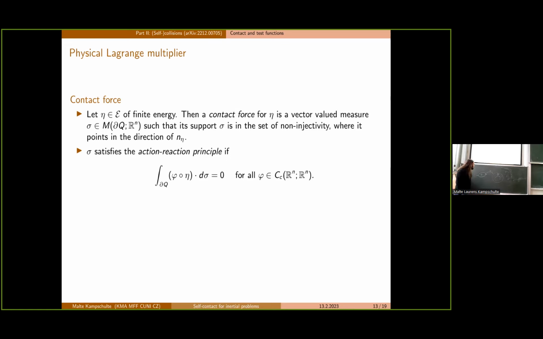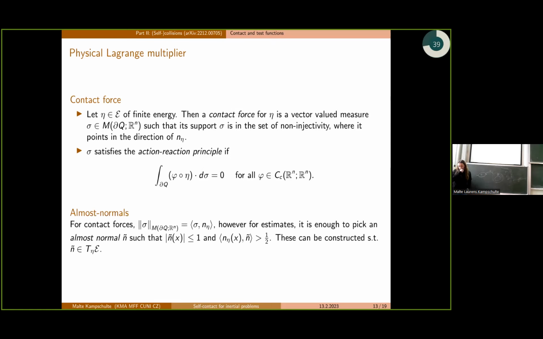It's a weird force because for us it lives in the reference configuration, which means it lives here and here, but it's basically the same picture. Somehow this part cancels this part because you need to have conservation of momentum and everything. And it can only live on this part that's actually in contact. Since it can only live on this part and has to produce something, the best we can expect it to be is some measure.